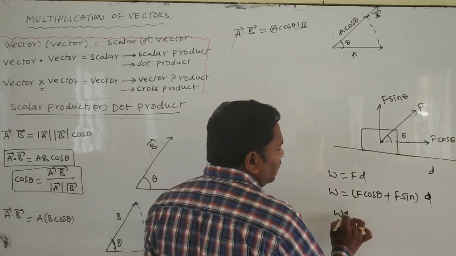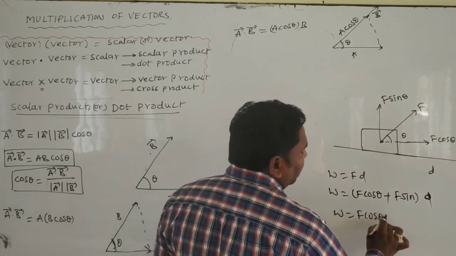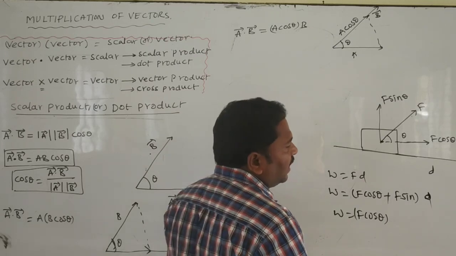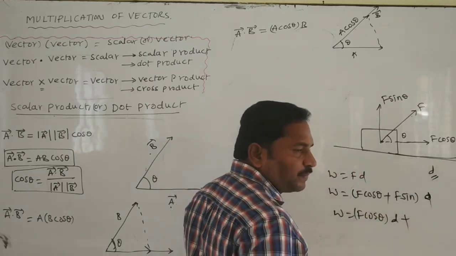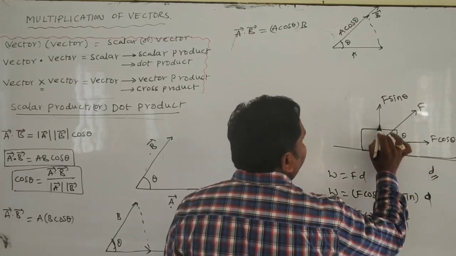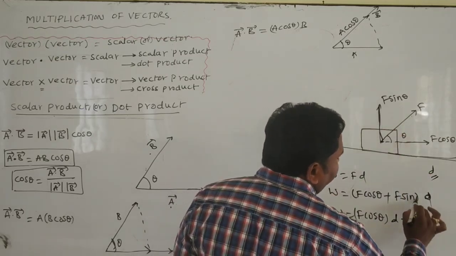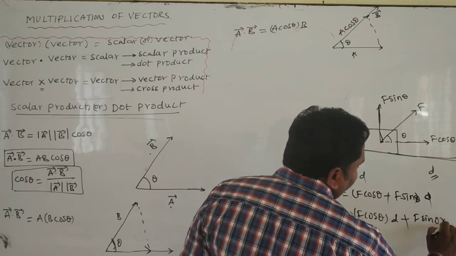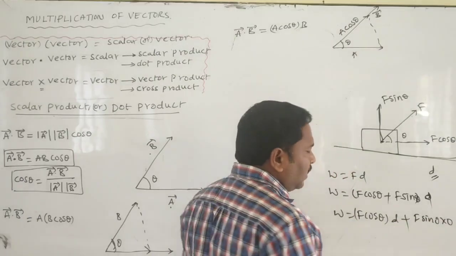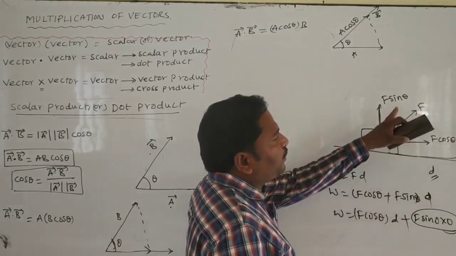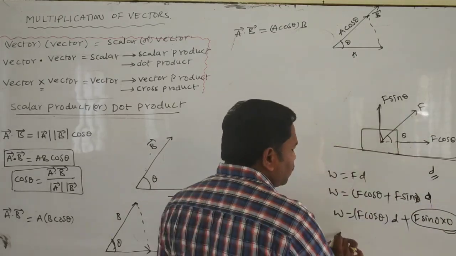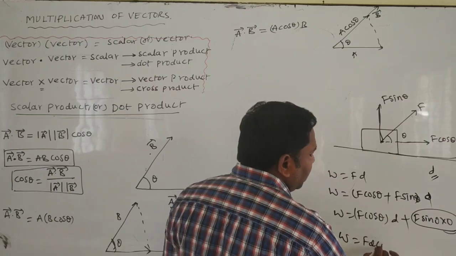Now suppose F cos theta, along this direction how much is the displacement D? Now along this direction, for F sin theta, how much is the displacement? It's 0. So the work done due to this component is 0. So work done equals to FD cos theta.